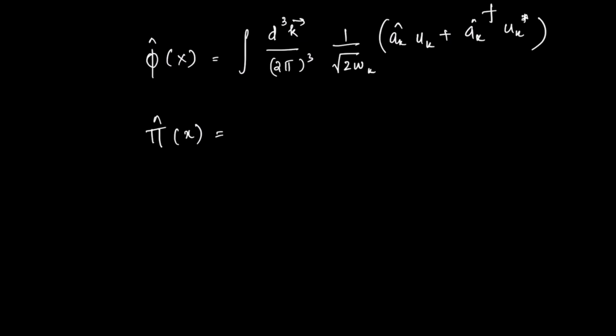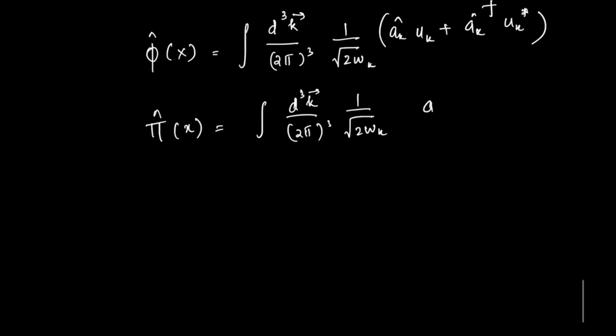Therefore it will be integral d cube k by 2 pi cube, 1 by root of 2 omega k. Now the derivative of u_k and u_k star, so that will be a_k multiplied by minus i omega u_k plus a_k dagger i omega_k u_k star. Okay.